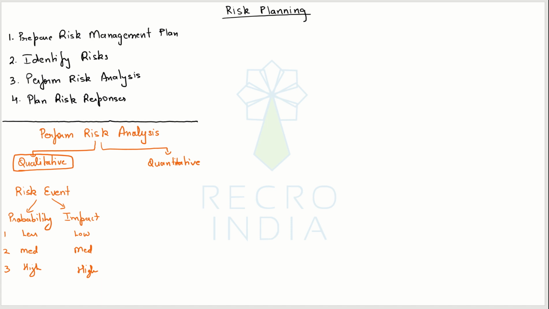Now, once we have the scale, we can easily go and do the assessment. Say, for example, there's a risk that during the festival period, the workers may go on extended leaves, which leads to delays. Now, the chances of this happening are very high, so I'm going to give it a probability score of 3.